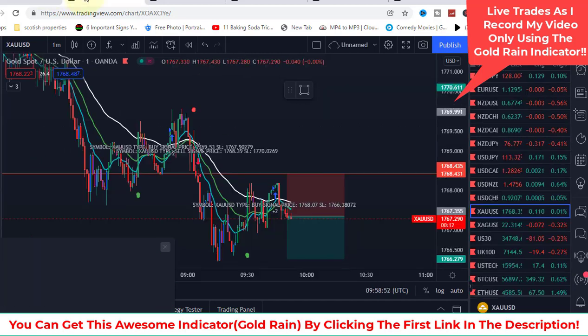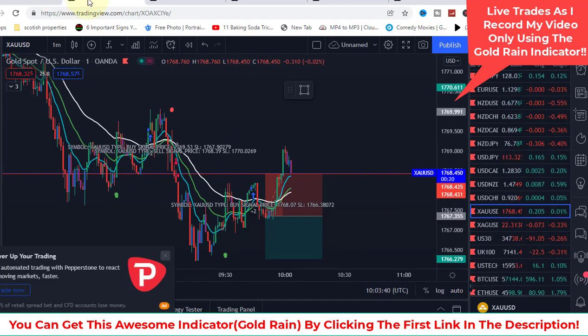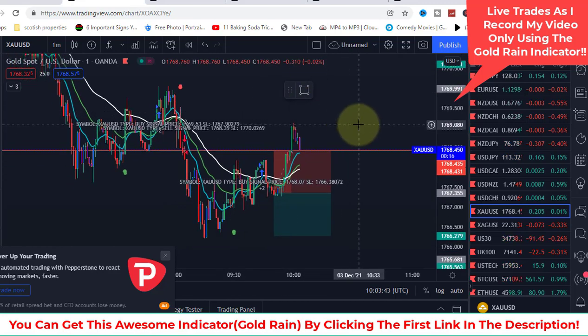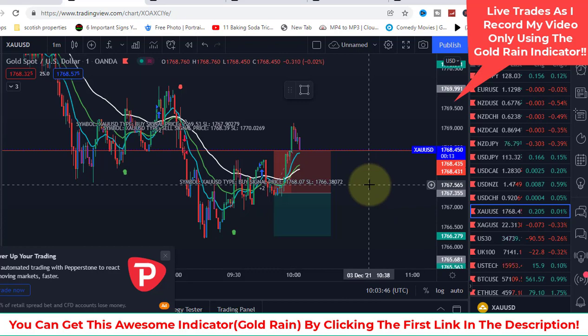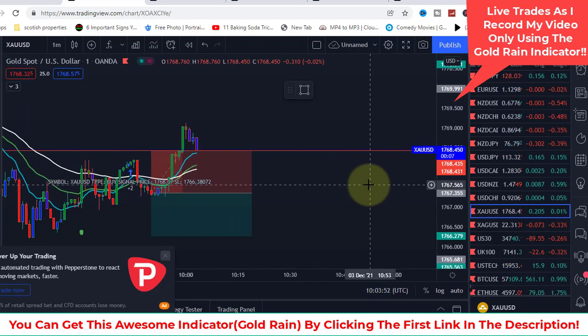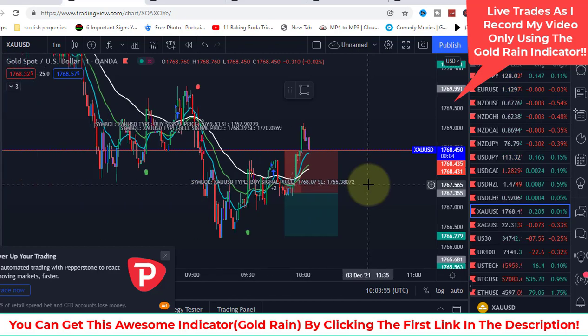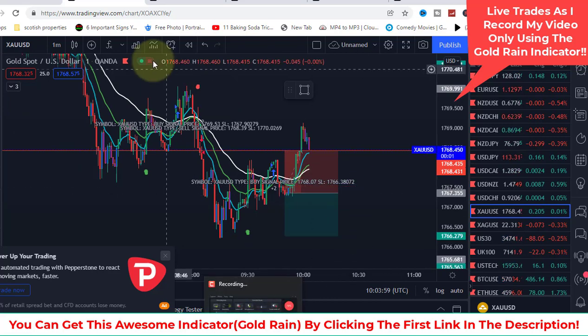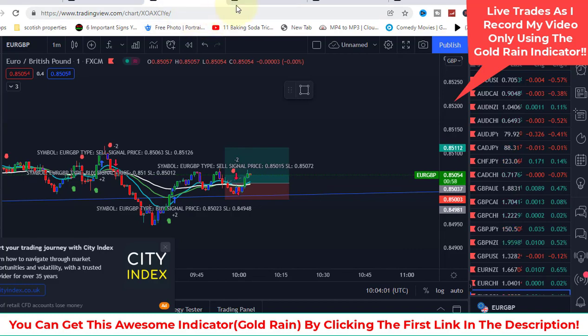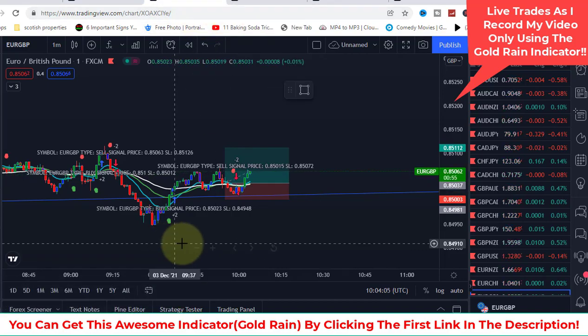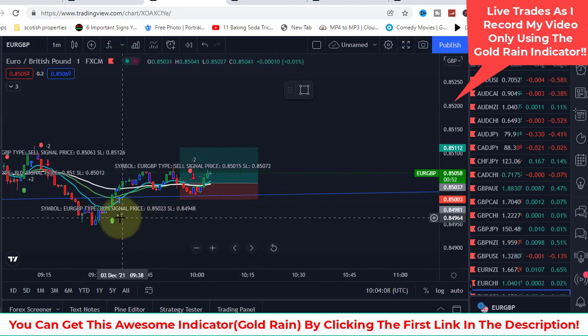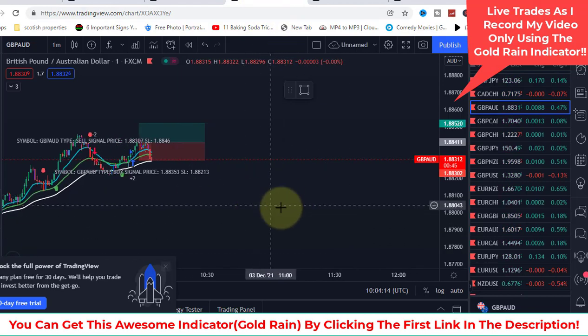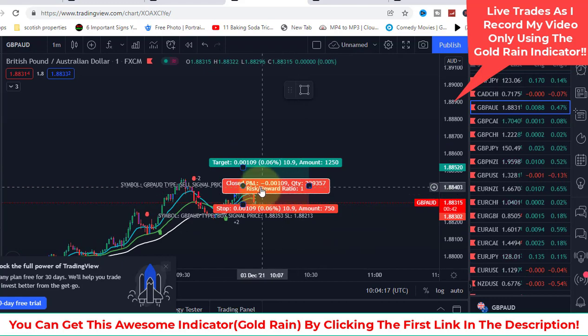You have to be patient and then see what would be the outcome, which in this case we're in profit in one, based on this indicator, this signal, and on the other ones we are, again, this is like in 1 minute time frame.